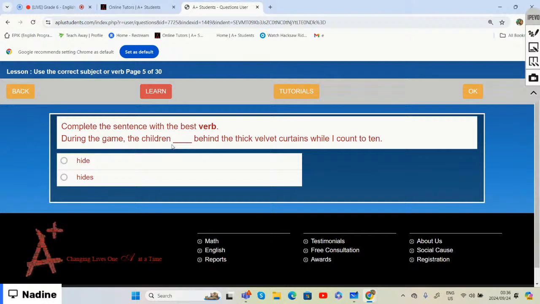So the children, do we say the children hide, option one, or do we say the children hides, option two, behind the thick velvet curtains while I count to 10?